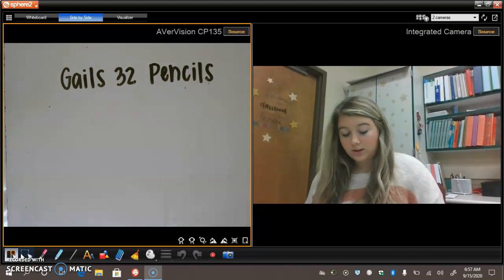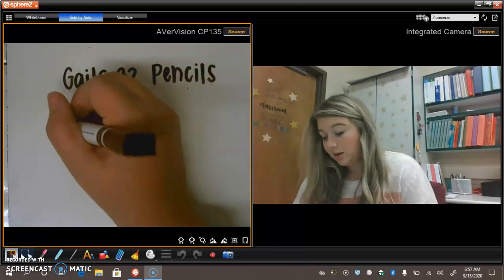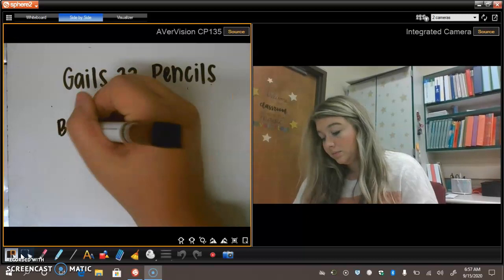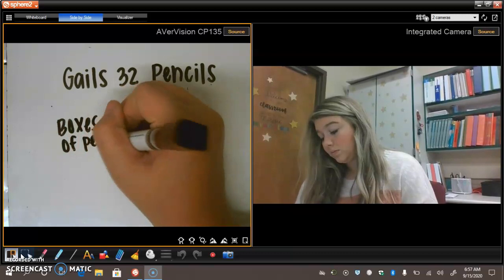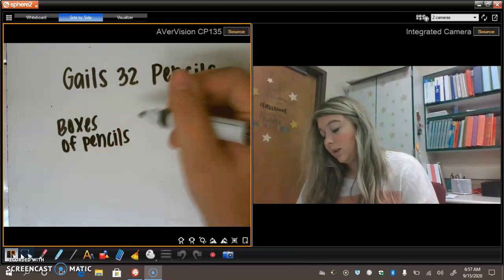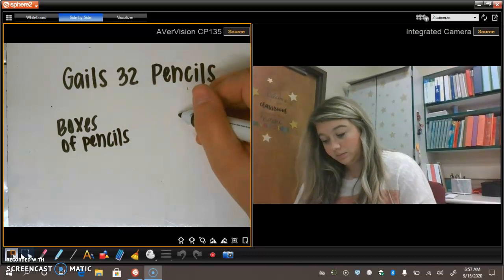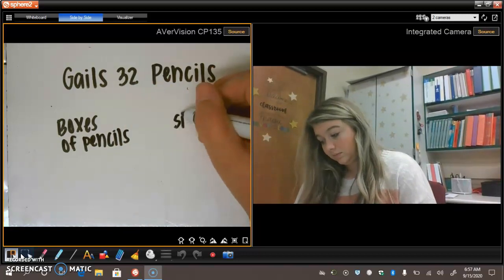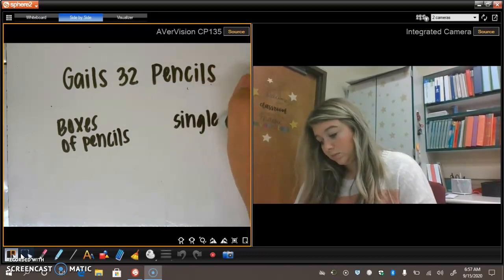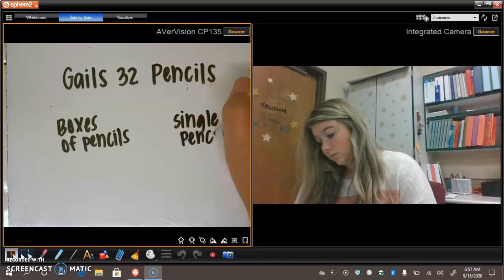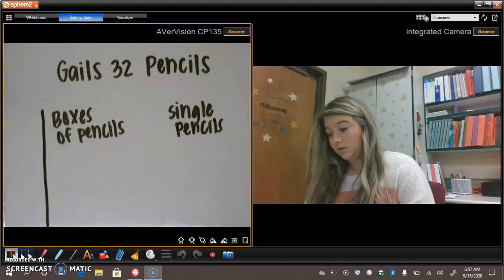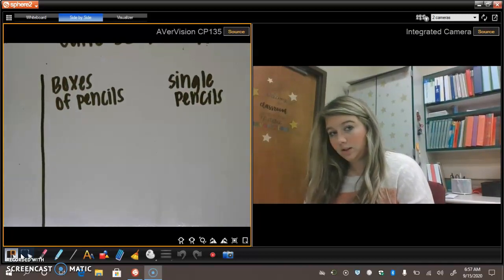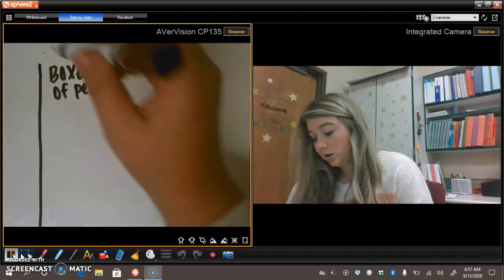Okay, so let's see how many boxes of pencils we need, and single pencils. Make a nice chart. Scoot it up just a little bit. I'm going to take the title out just so we can see the whole chart.